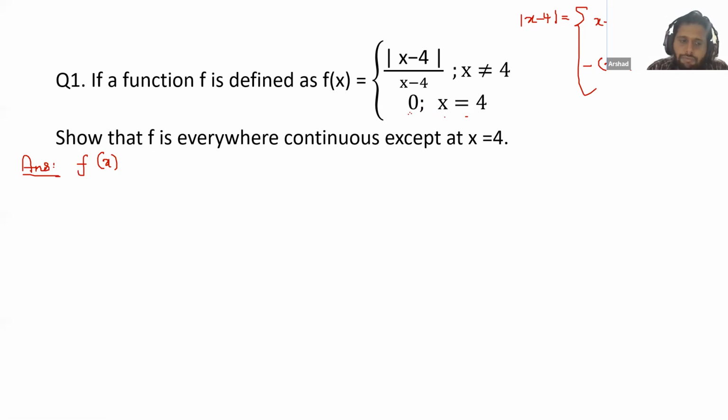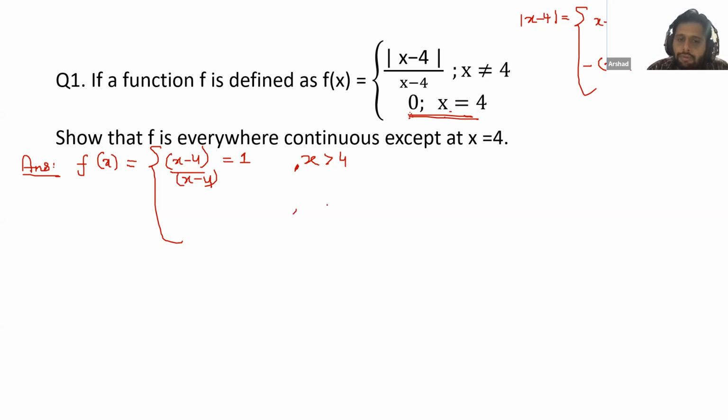We will say x is greater than 4, and ignore the equal. Here we get (x minus 4) by (x minus 4), and this is equal to 1.